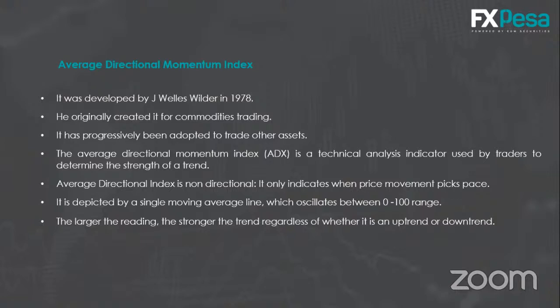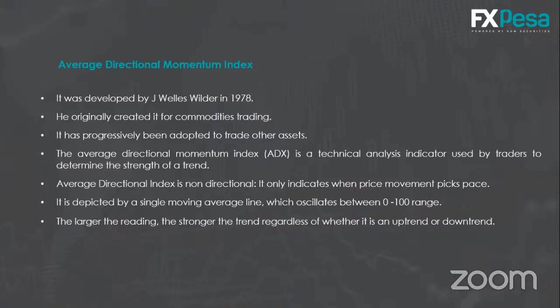So the average directional index is non-directional. Though it has that connotation of direction, in and of itself it does not help traders to identify where the direction of the price is headed.